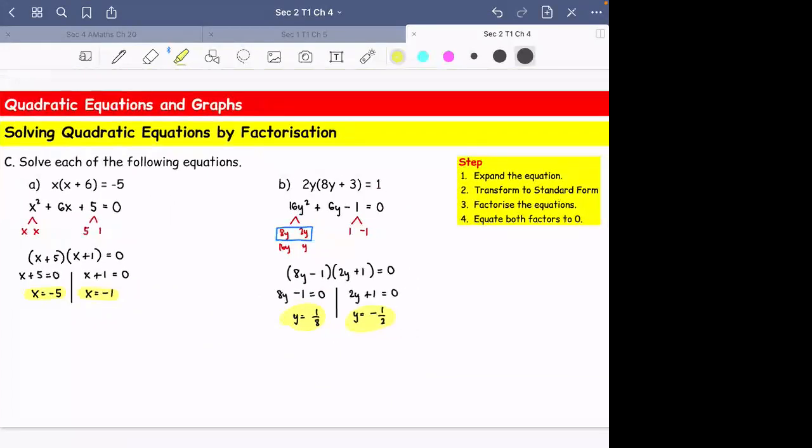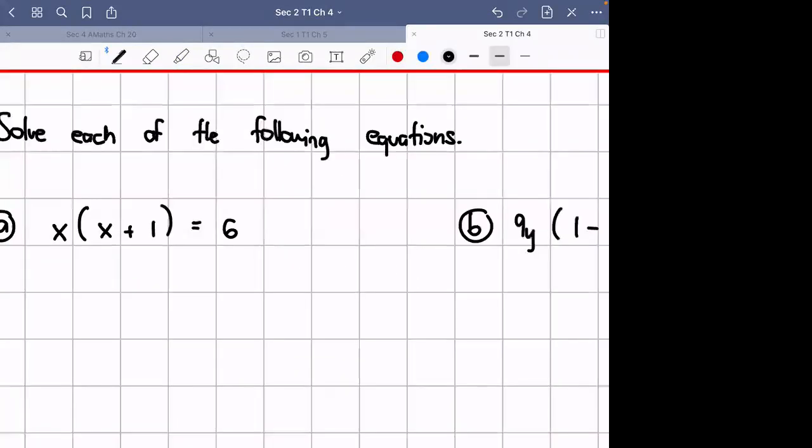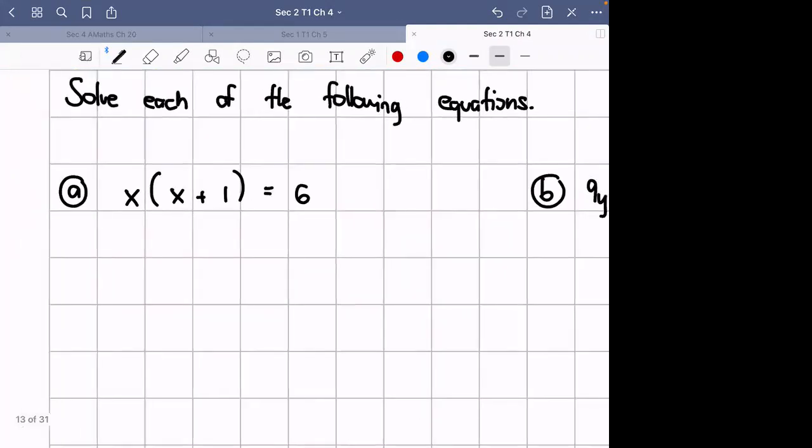Do you have any question? So for letter A, we got x times x plus 1 equals 6. How do we do this again? We expand. It becomes x squared plus x, and then transposing negative 6, it becomes minus 6. Darren, why did you erase this?